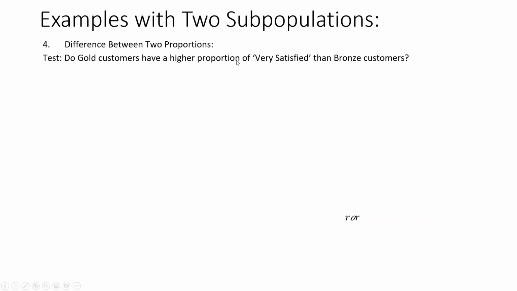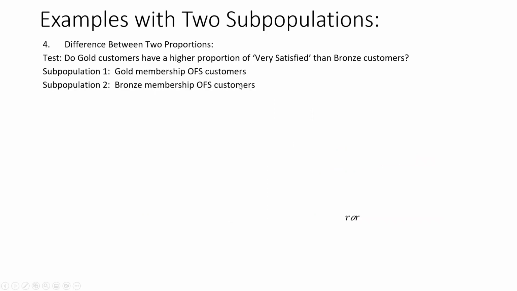So what you need to understand is, first of all, what are the two subpopulations being defined here? The first subpopulation is the gold membership organic food superstore customers, and the second one is the bronze. And we want to test the same thing in both of these. We want to test the proportion of very satisfied.